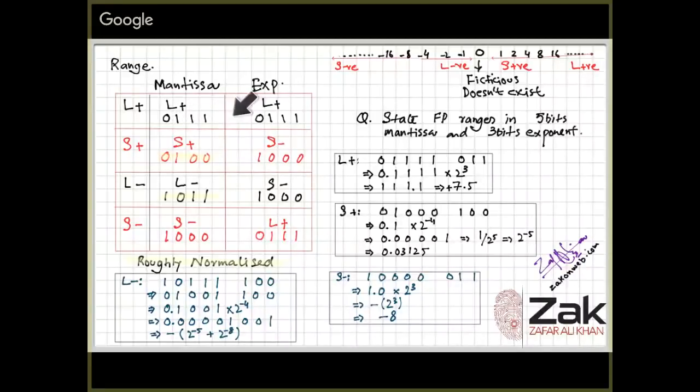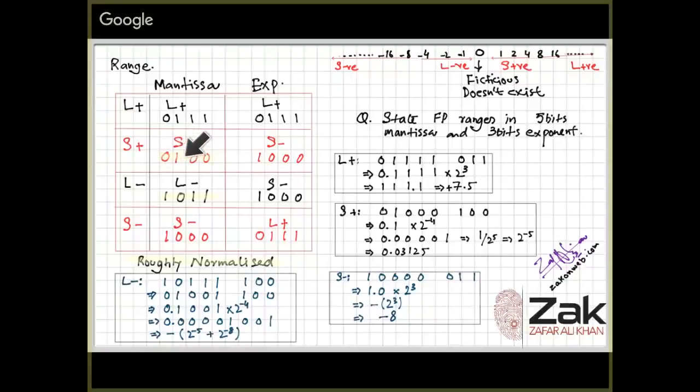So let's say these are normalized Mantissas. These are non-normalized. And these smallest positive and largest negative normalized Mantissas are actually roughly normalized. They are not actually normalized. These are not the actual representation, because smallest positive should be with the one here, not there.